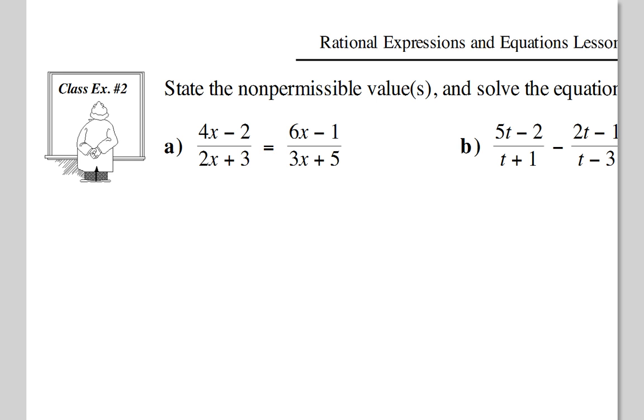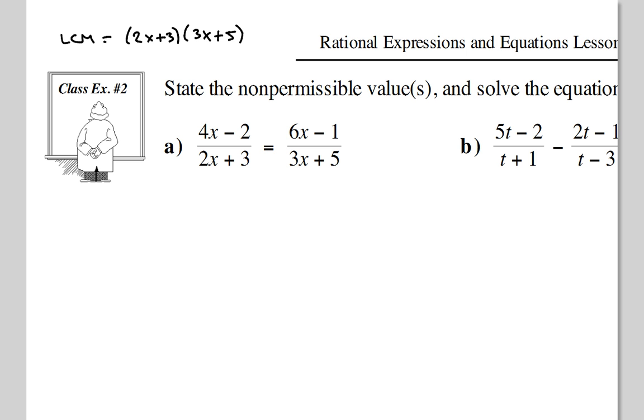Cross multiplying is really step 2. What does step 2 say? Multiply by what? The LCM. So what's the LCM for the denominators here? It's the product of both, right?